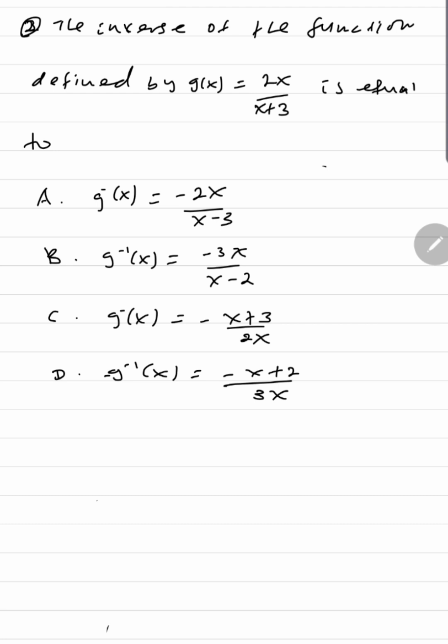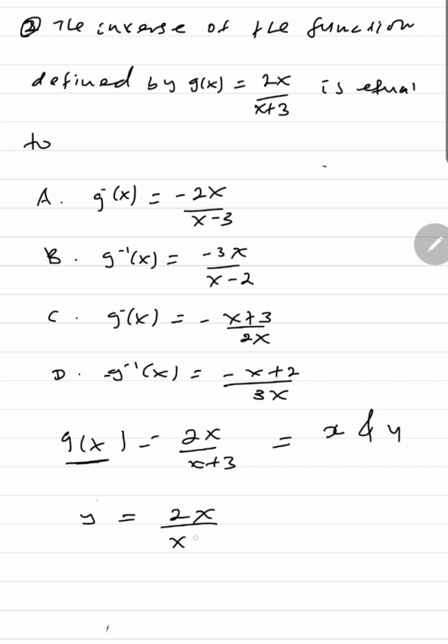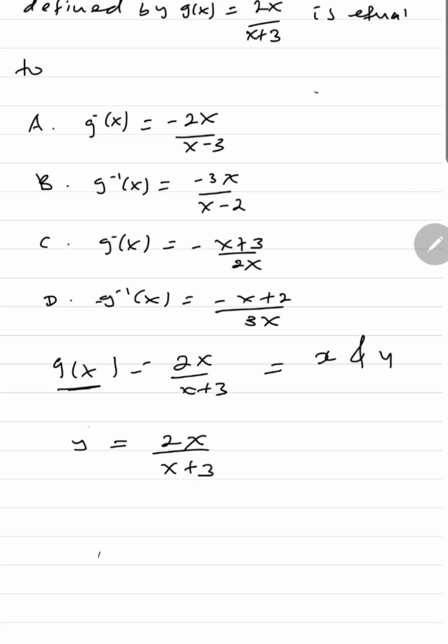So gaafiin lammaffaa maal jedha? The inverse of function defined by R given is g of x is equals to what? 2x over x plus 3. So here inverse nu gaafate x fi y maal goona? Exchange goona jalqaba. Here this is y is equals to 2x over x plus 3. Amma wanti kun immoo x fi y wal jijjiirraa jechuudha.